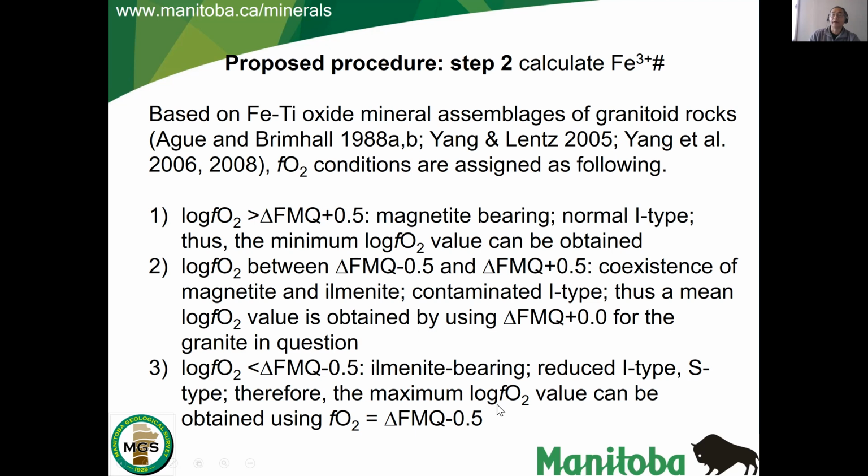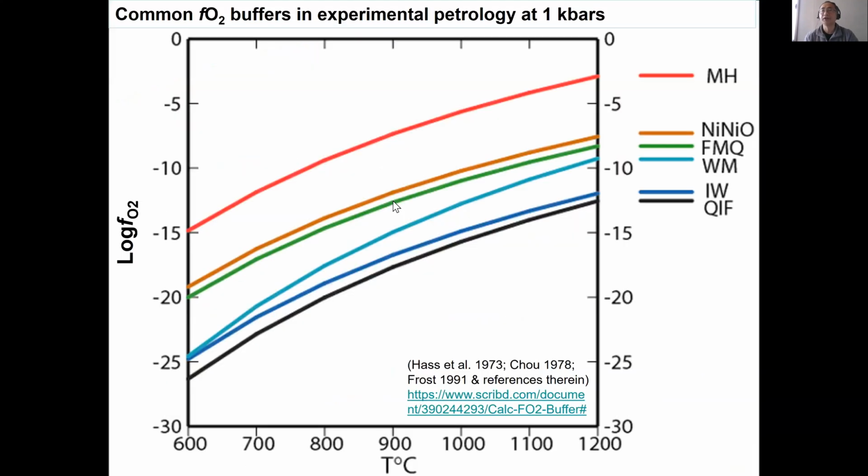So the maximum oxygen fugacity can be obtained using this value, just using the delta FMQ buffer. So you can see the buffers nickel-nickel oxide and QFM; the difference between these two buffers is about 0.66 log units.